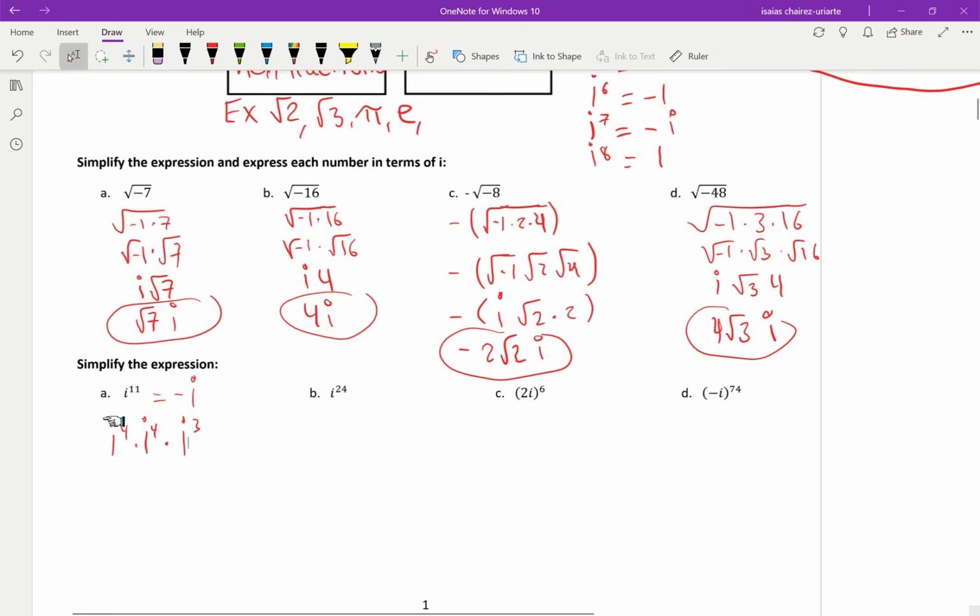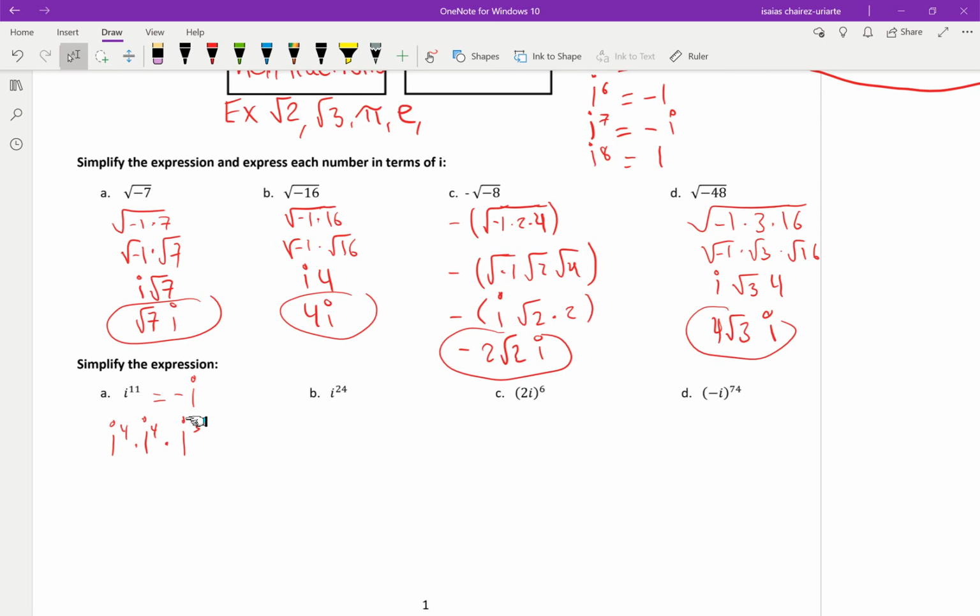Then you add up all of these exponents: 4 plus 4 is 8, plus 3 is 11. And I know that i to the 4th is 1, so 1 times 1, and i to the 3rd is negative i. So that would be another way to think about it, but it's up to you. Okay, the next one.